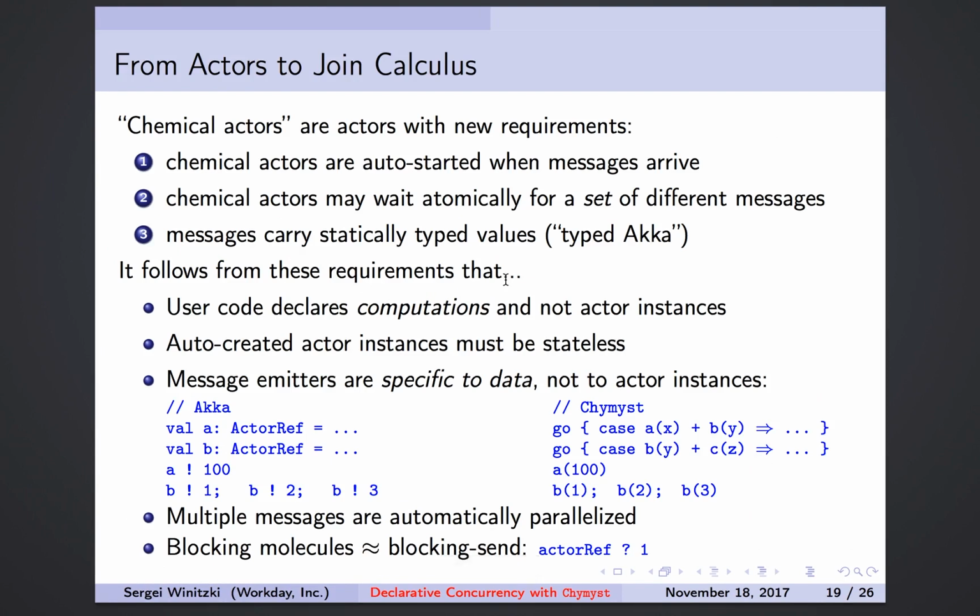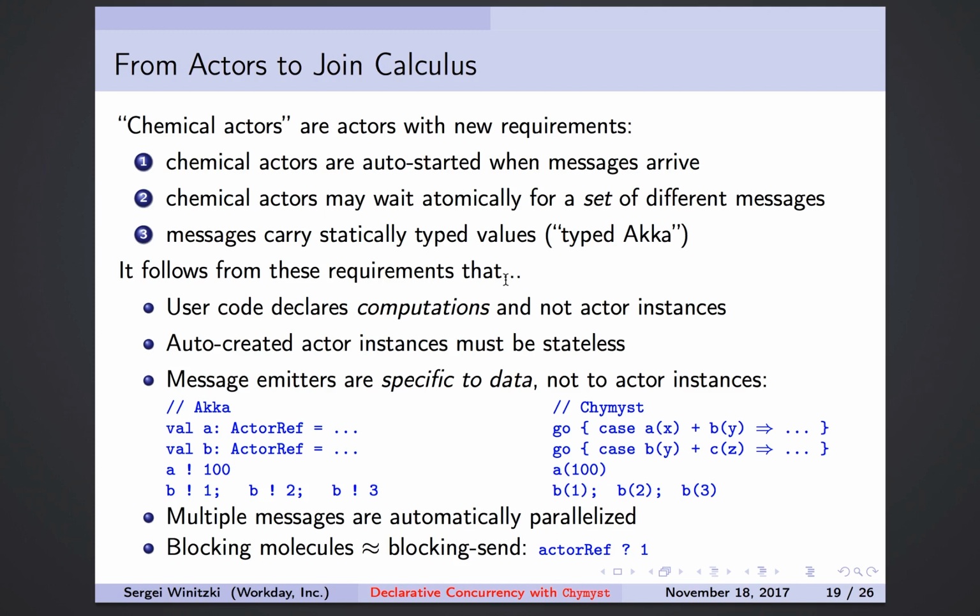Let me go back to comparing the actor model and joint calculus, or the chemical machine. Imagine that we wanted to evolve the actor model by imposing new requirements. So here we impose 3 new requirements.